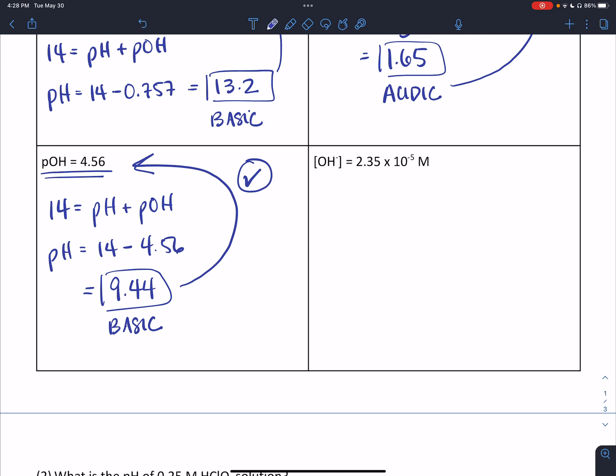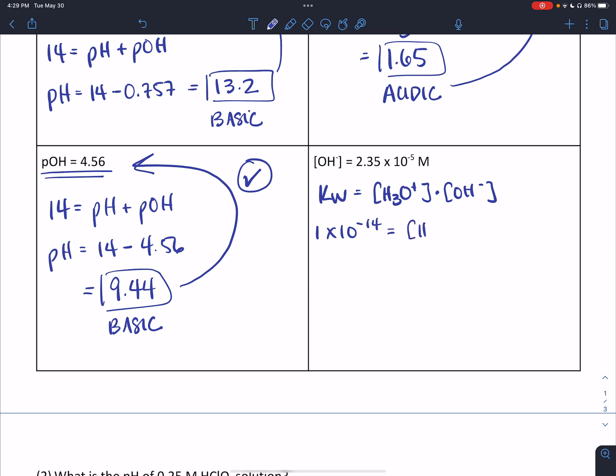For my last one, I've got the OH minus concentration again. But this time, instead of converting that to pOH and then pH, I'm going to do it the other way. I know that Kw is equal to the concentration of H3O plus times the concentration of OH minus. And I know that Kw is 1 times 10 to the negative 14.